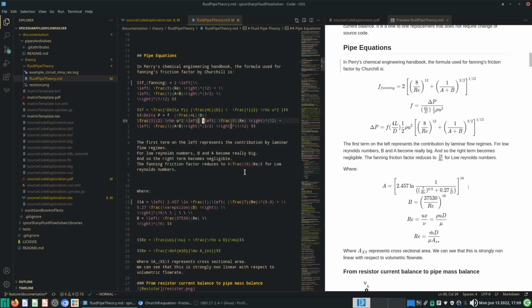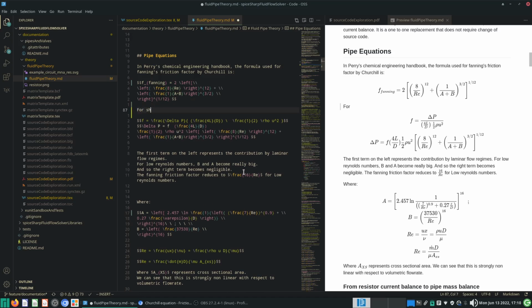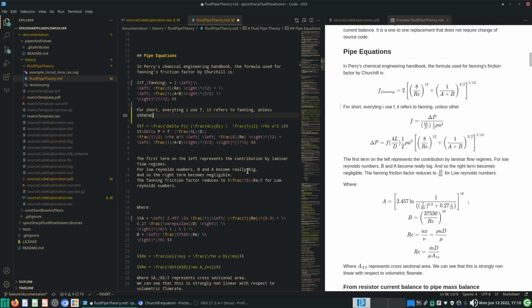Alright, and then I will just say for short, every time I use F, it refers to Fanning unless otherwise stated.